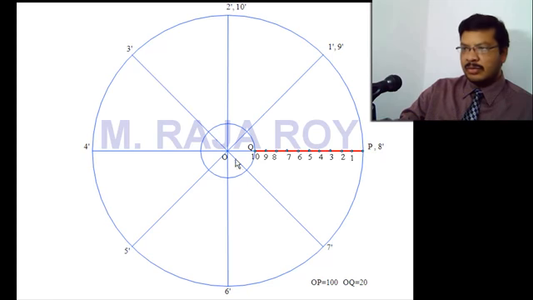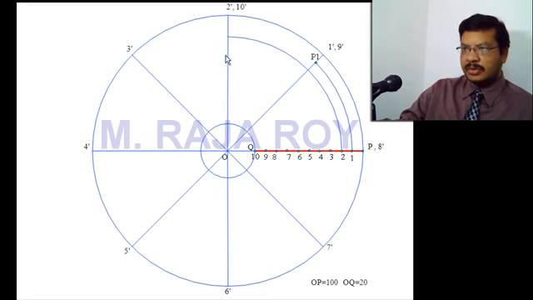Next, take O as center and O1 as radius. Draw an arc until it intersects with the O1 dash line, something like this. This point is now P1. Next, take O as center, O2 as radius.